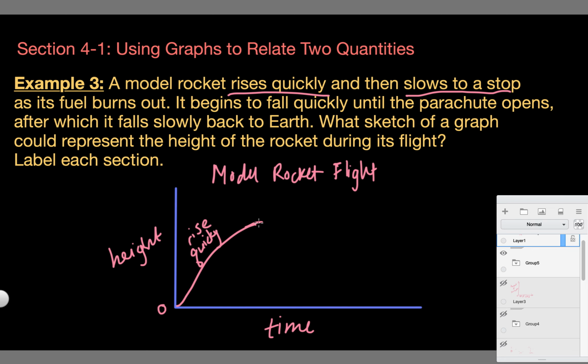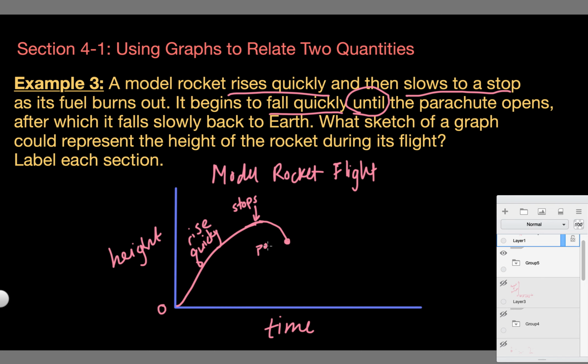It's not falling yet, it's just stopping. So this is where it stops. Okay? And then it says as the fuel burns out, it's going to fall quickly now. It falls quickly until the parachute opens, and then it falls slowly back to Earth. So right here is where your parachute is going to open.